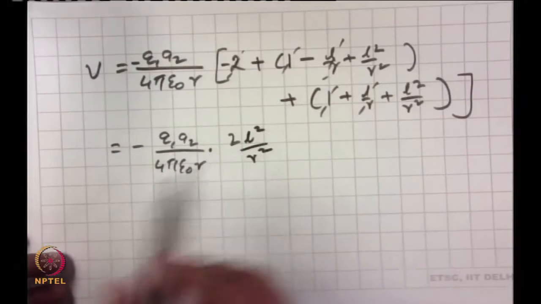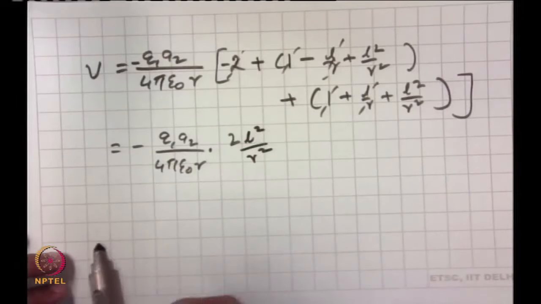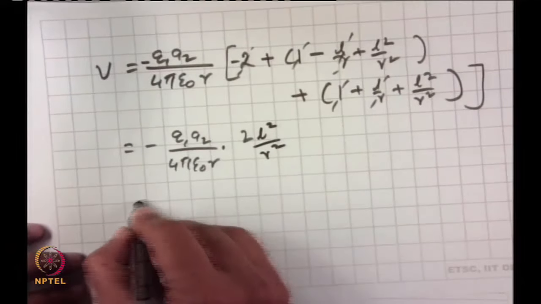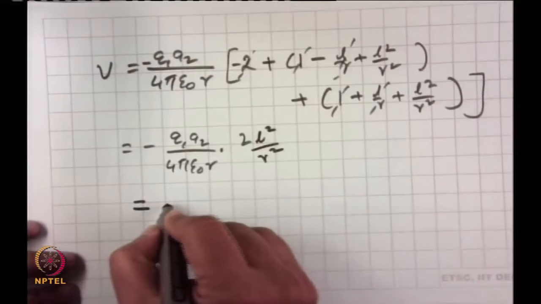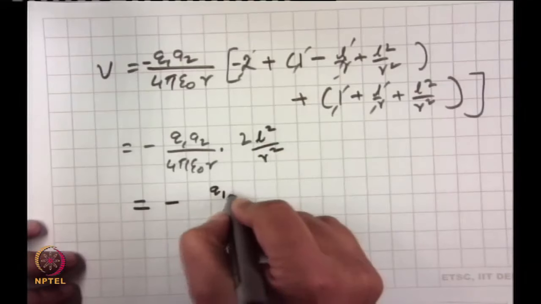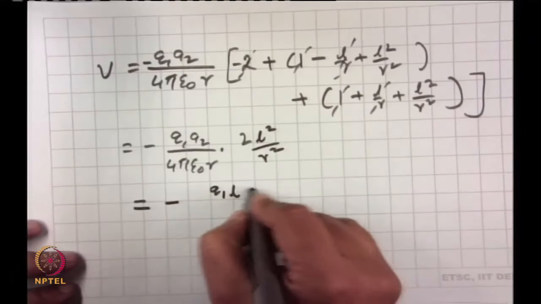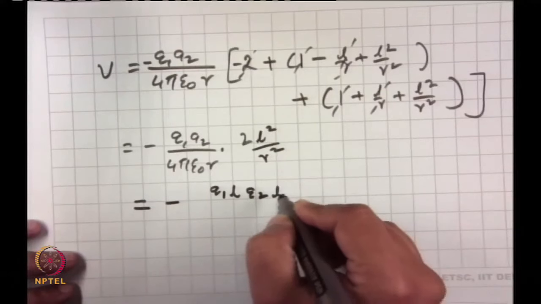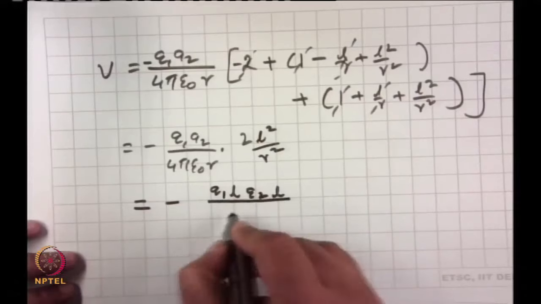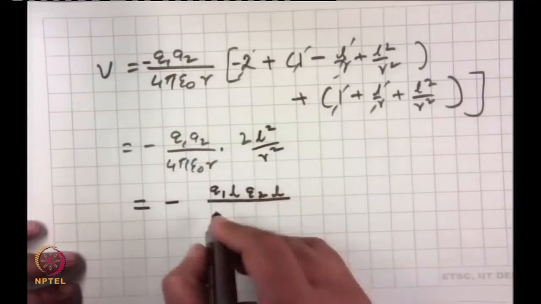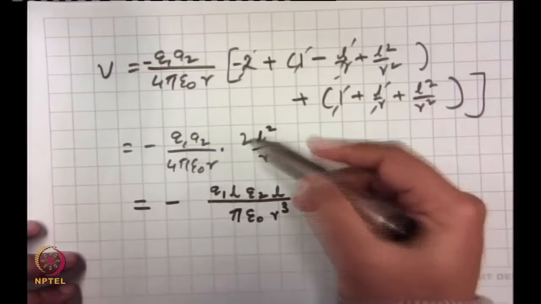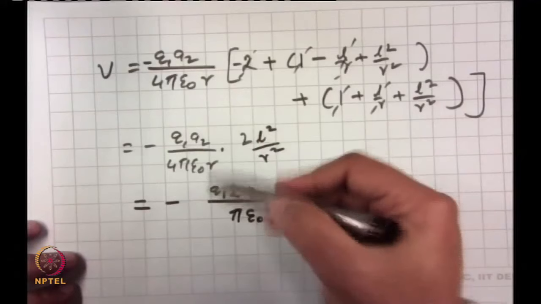Now, if I am having 2 L square over r square, how can I simplify it further? I can write minus q1 L, and I can also write q2 L, because we started with L, the length of the dipoles was the same. Then I have pi epsilon 0 r cubed, and this 2 will cancel out with 4.